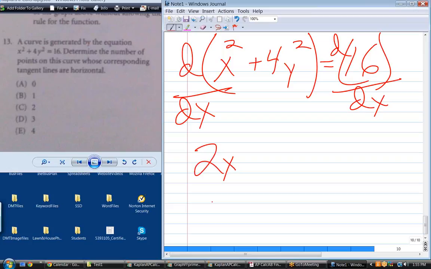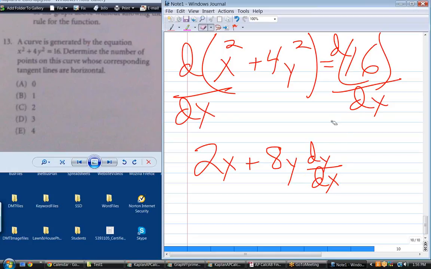I could follow that with dx, but that's 1, so I don't need to write it. Second one, I'm going to take the derivative of the outside. But y, yes, dy dx, always. If this variable is anything other than x, I always have to follow it with that.